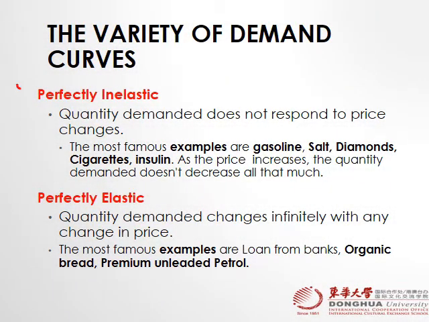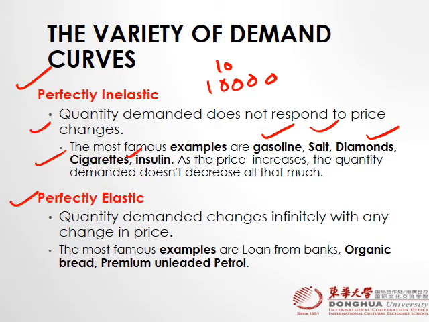And now the two concepts, perfectly inelastic and perfectly elastic. Here the quantity demanded does not respond to the price change. What does it mean? Whether we set the price at 10 or at 10,000, people still buy that. Examples of perfectly inelastic demand are gasoline, salt, diamonds, cigarettes, insulin, right?